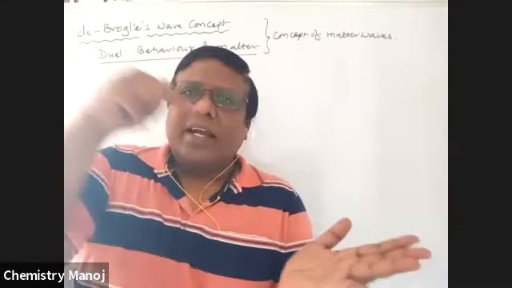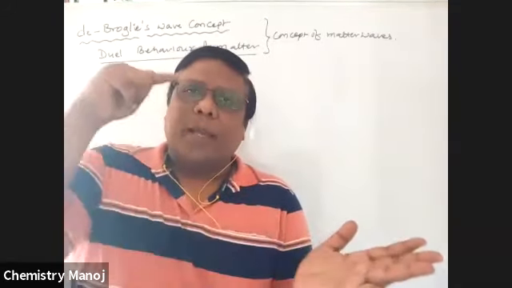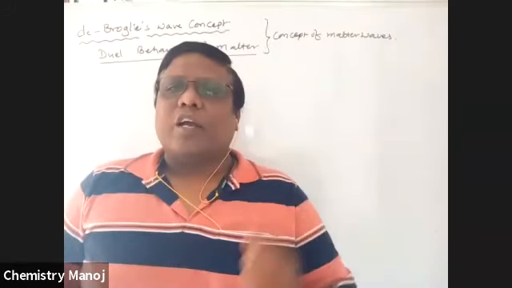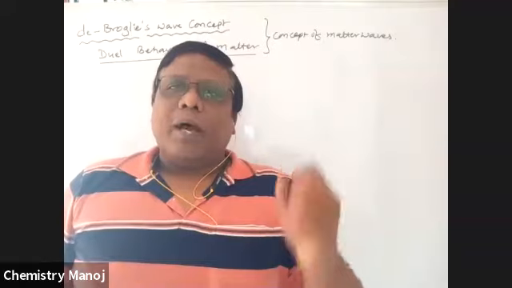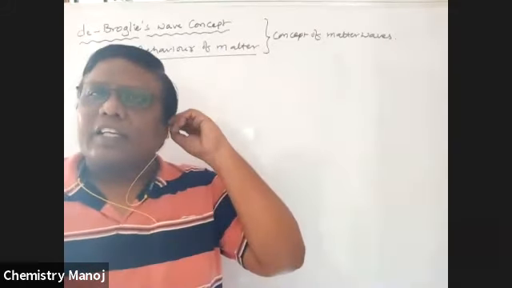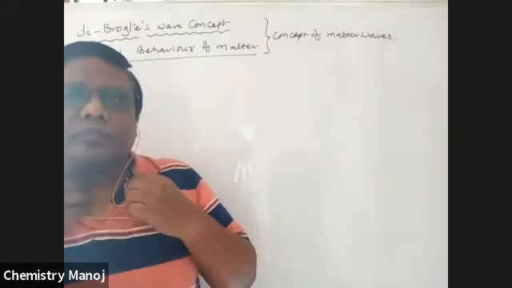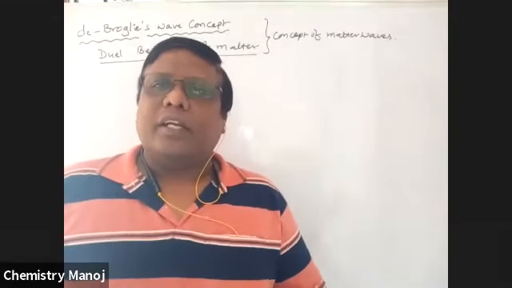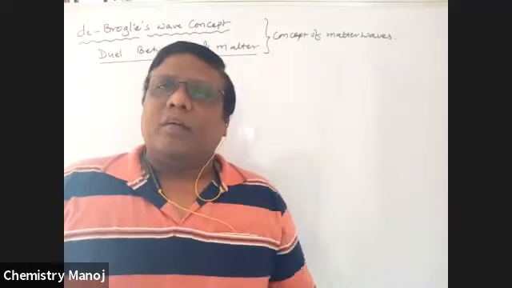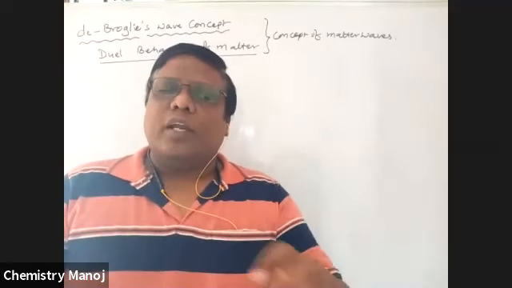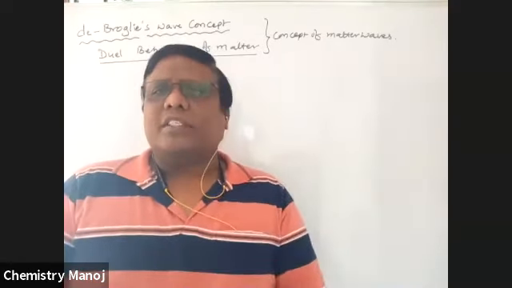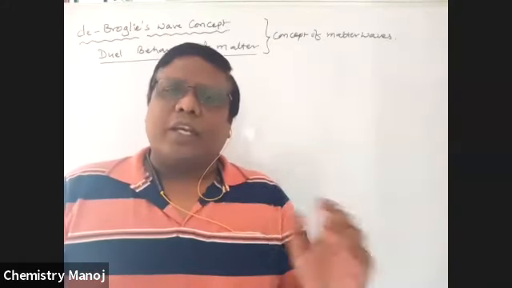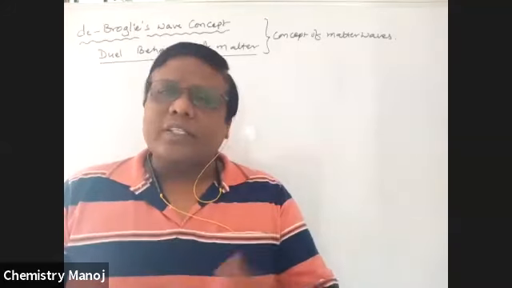A particle collides with another particle and an electron comes out, so light acts as a particle. Light also has wave nature, as it is propagated in the form of waves. That means electromagnetic radiation has both particle nature and wave nature.